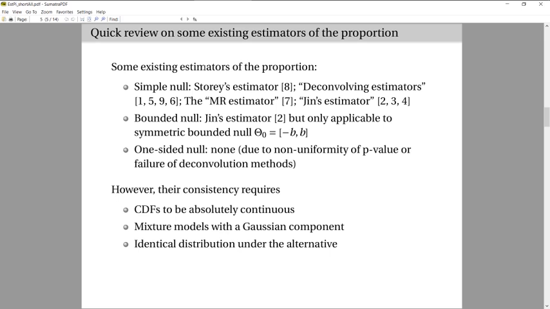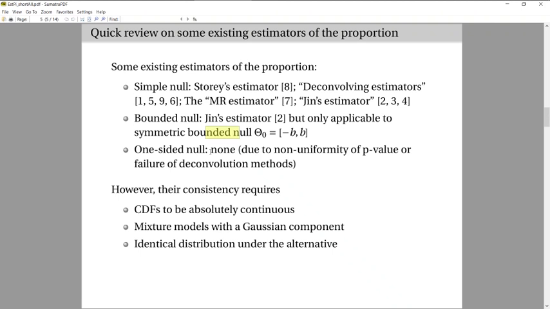There are some existing estimators of the proportion. For the case of simple null, we have Storey's estimator, deconvolving estimators, the MR estimator, and Jin's estimator. For the case of a bounded null, we have Jin's estimator, but only applicable to symmetric bounded null.